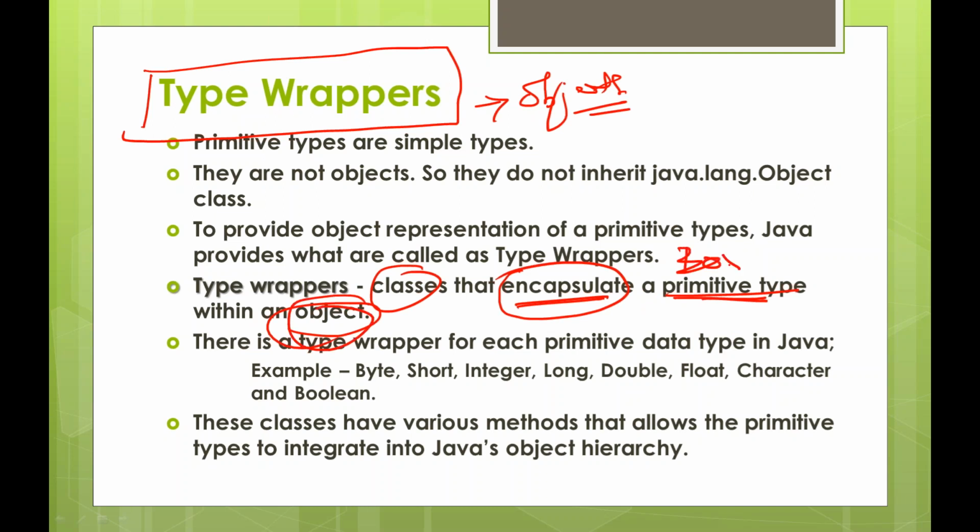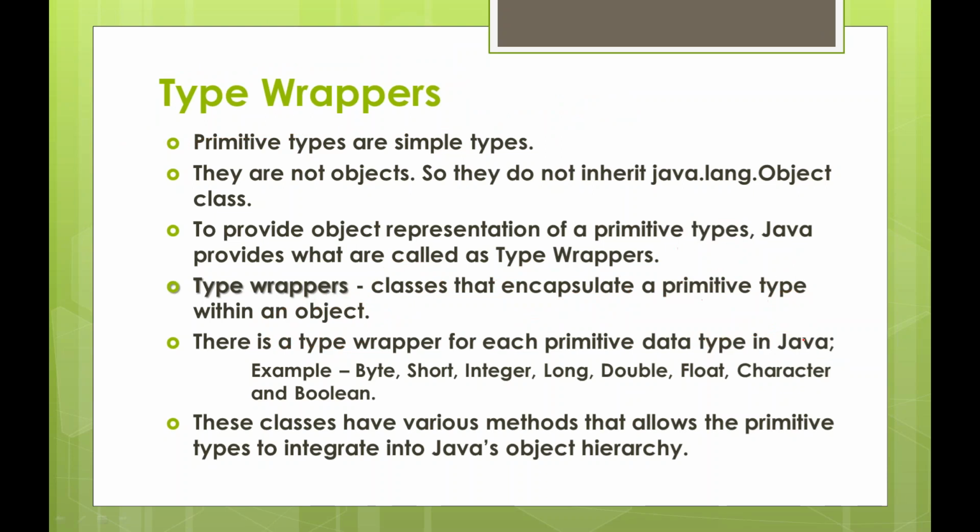This is boxing. From object to primitive type is unboxing. So what type wrappers do we have? We have one for each primitive data type. This is for byte.